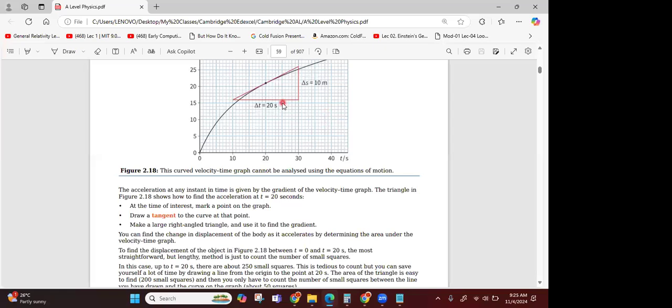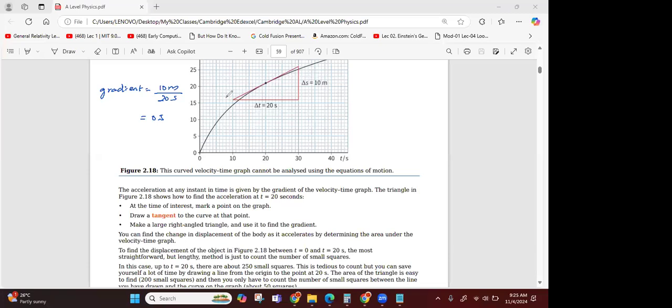Then the gradient you can take as delta S over delta T. Gradient equals change in y-axis, delta S is 10 meters, and change in x-axis, the time axis, is 20 seconds. Therefore gradient is 0.5.